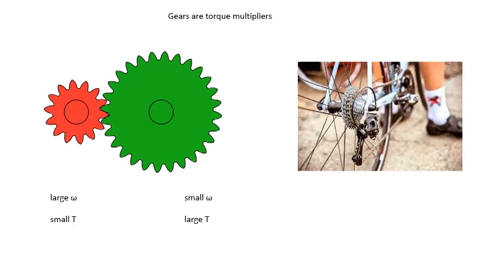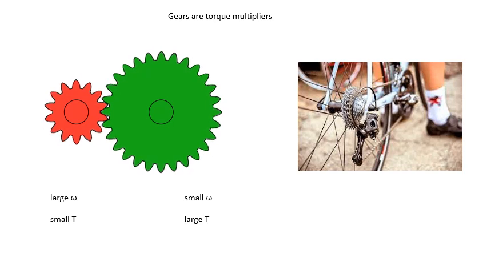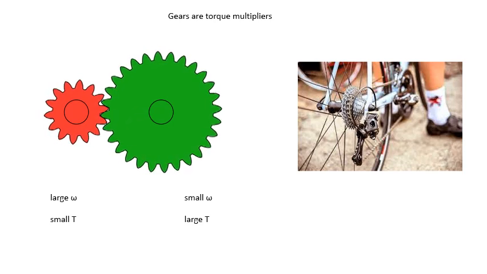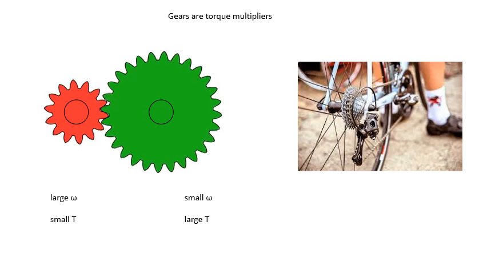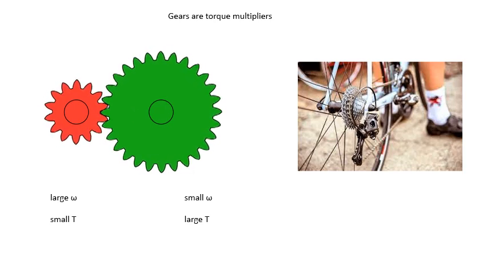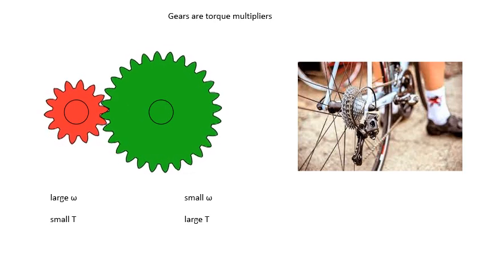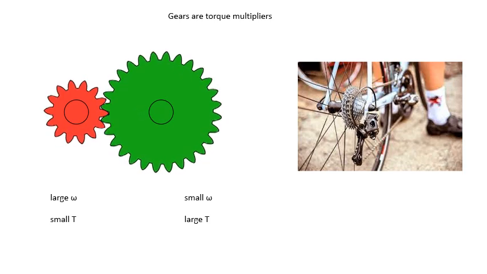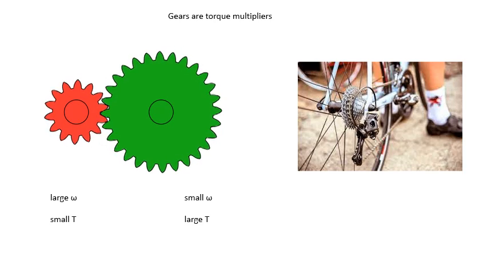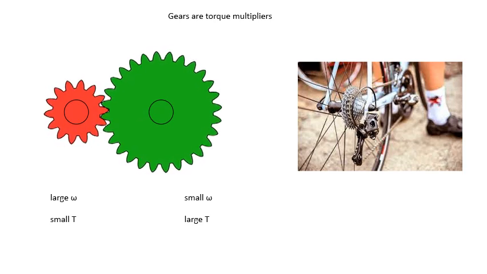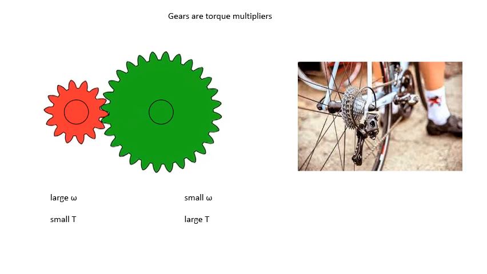One last word, just a little word about gears. Like a lever is a force multiplier, well, gears are torque multipliers. If you've got the same power in, power out, then the small gear there whizzes round fast, but the torque is small.